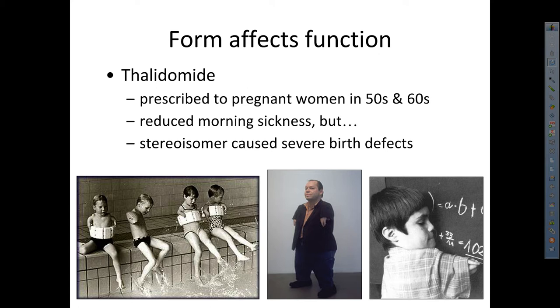If the person took the purified version, then their children would be fine. It helped with morning sickness, no bad long-term effects, everything was good. However, if any of the dosages were contaminated with the stereoisomer, it caused severe birth defects in the fetus.